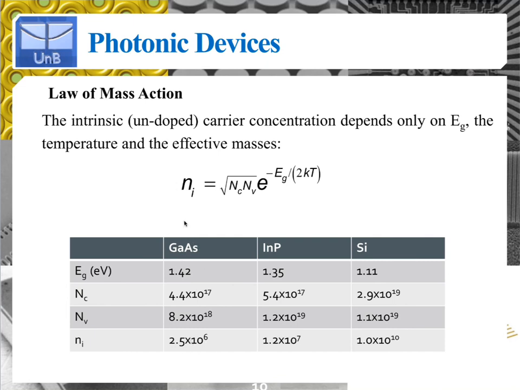So since it's a wider band gap semiconductor, you would expect that in an intrinsic material you'll have less electrons and less holes because they have to overcome a larger gap energy, right? So 2.5 times 10 to the 6th, whereas in silicon you have 1 times 10 to the 10th, so 4 orders of magnitude larger because the band gap is somewhat smaller, okay? And indium phosphide is somewhere in between.